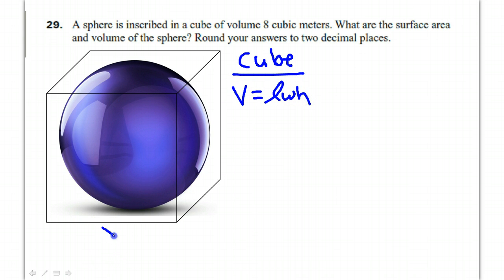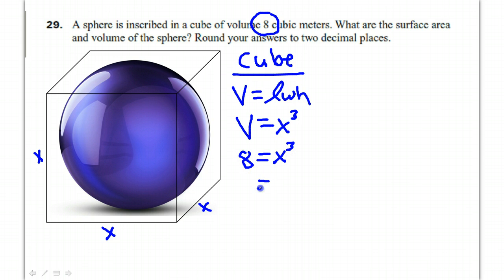So in this case, it's a cube, so the length, width, and height are all the same number, so we call it x. In other words, the volume should be x times x times x, which is x to the third power. But we're told that the volume of the cube is 8. That means 8 is equal to x to the third power. If I were to take the cube root of both sides, I'm going to get that x is 2.